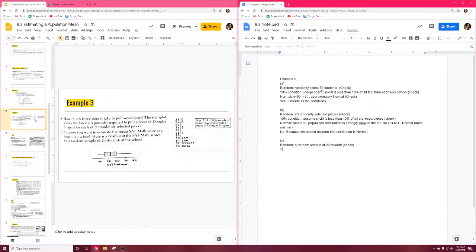Okay, and then 10%. They select 20 students. So we can assume n equals 20 is less than 10% of all students who took SAT math in the school.